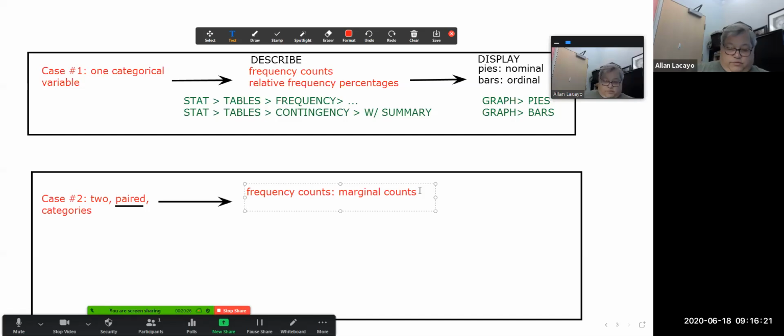And then we also learn about contingency counts, which are counts of a pair of categorizations. And we also learn about relative frequency counts, although in this context, they are referred to as marginal percentages.